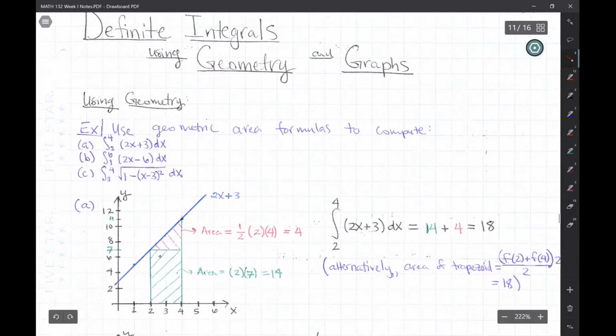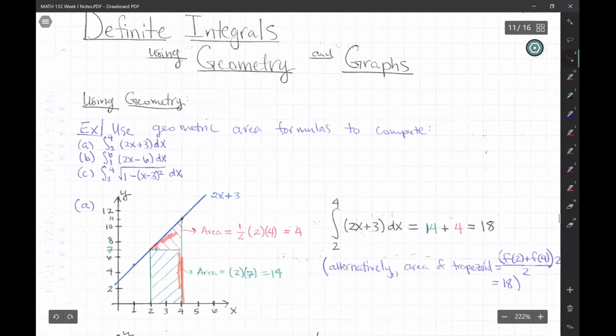We'll break up this area into two different pieces, the triangle up here and the rectangle down here. The area of the rectangle is 2, which is the width, times 7, which is just this height here. Leaving out the triangle, that's 14.